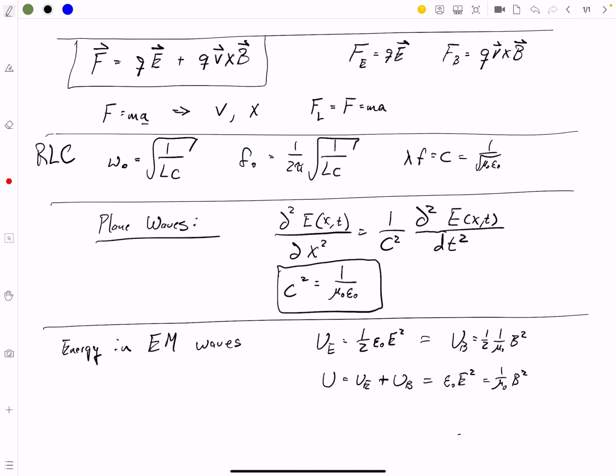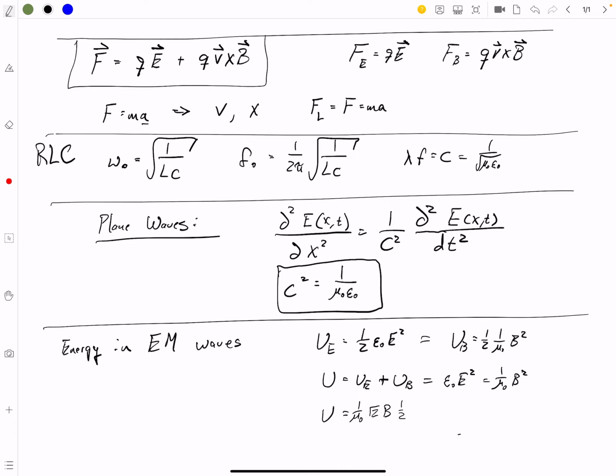And you could combine them, and you could do, where's my third one? Yeah, 1 over mu naught E B, and I think we need to divide by 2 times 1/2.